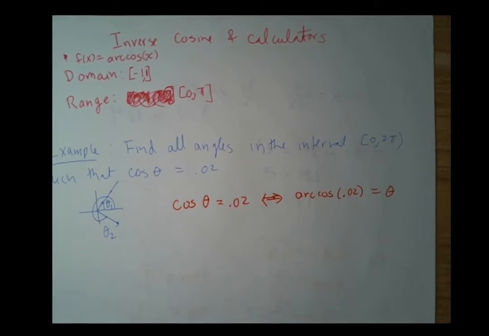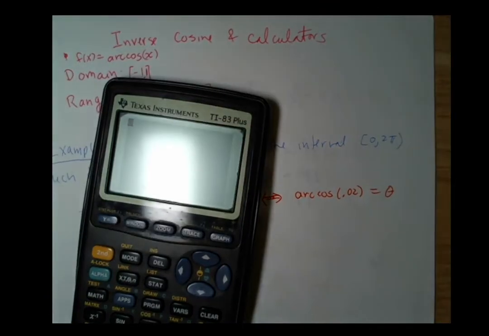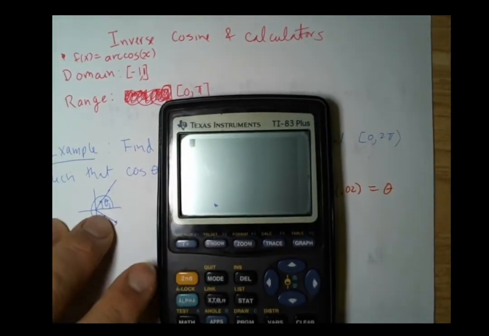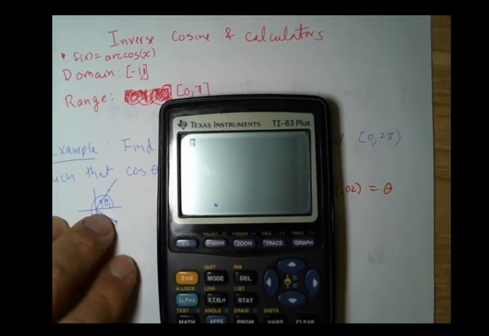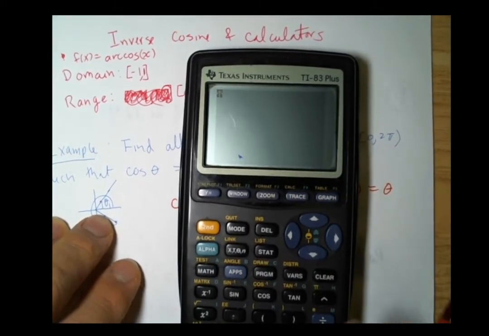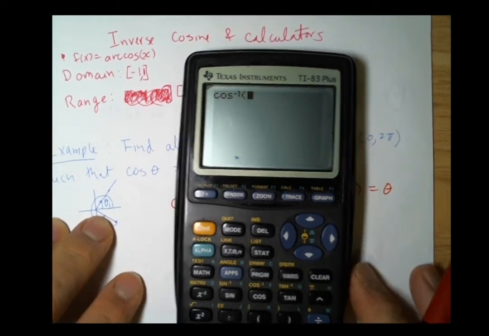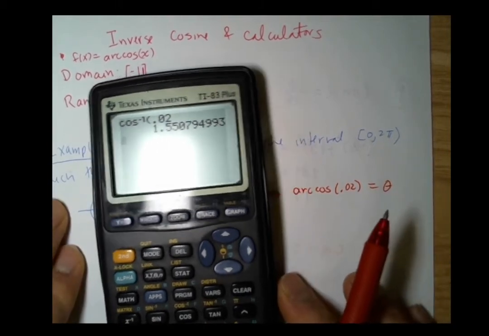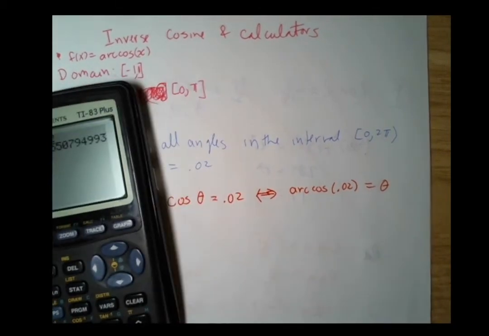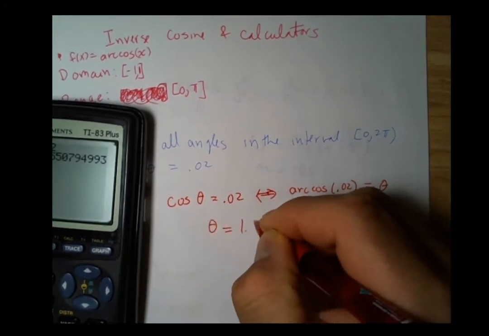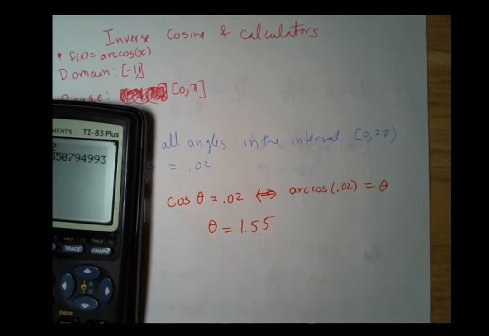So I'll take out my calculator. Again, this is our angles, not in our unit circle. So arc cosine here, and we hit second and then cosine, that's cosine to the -1, not an exponent. That's just an alternate formulation for our inverse functions. So type in 0.02, and we get 1.55. That means that theta is equal to 1.55.